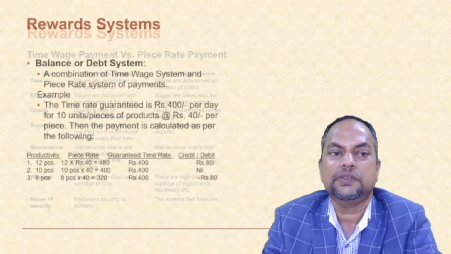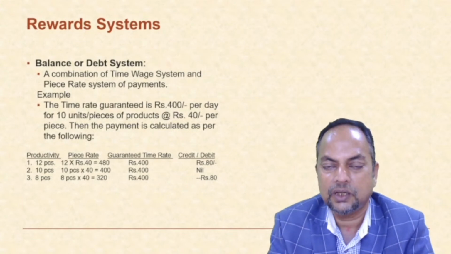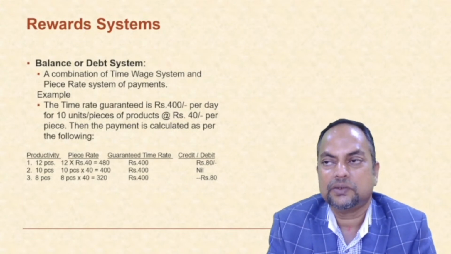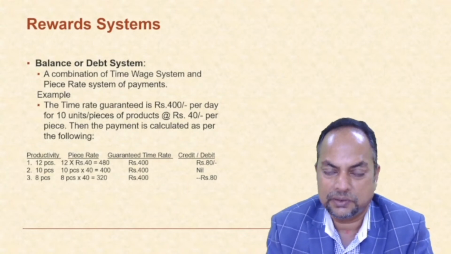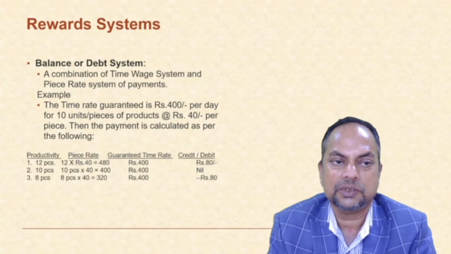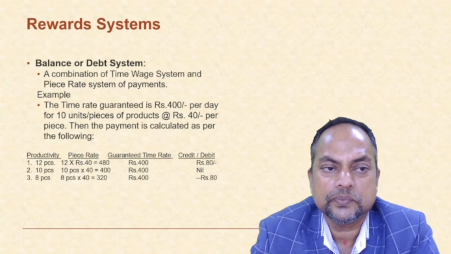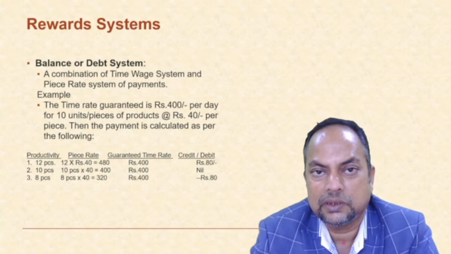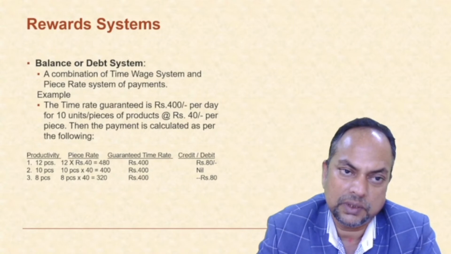Okay? So these are the differences that you come out with, this payment basis on the time and payment based on productivity, piece rate system. We do say it's time-based system or piece rate system. Now, what we have understood is that both the systems have certain advantages of their own and certain disadvantages of their own, right?